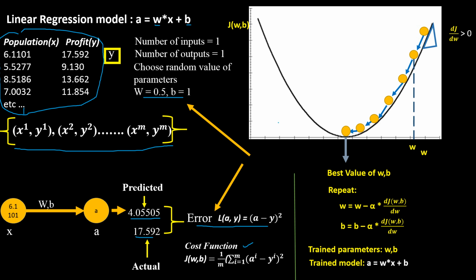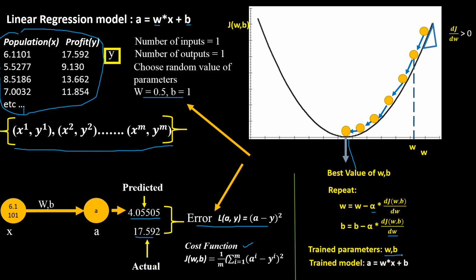So then comes the gradient descent, where wherever we are with the initial value of W, we'll move downhill, towards the steepest descent, and we'll repeat this process over different iterations, and we'll update the value of W and B with this formula, W equals W minus alpha into gradient, B equals B minus alpha into the gradient, where alpha is the learning rate, which decides the step size that we take while moving downhill.